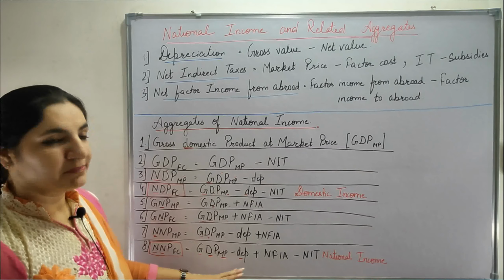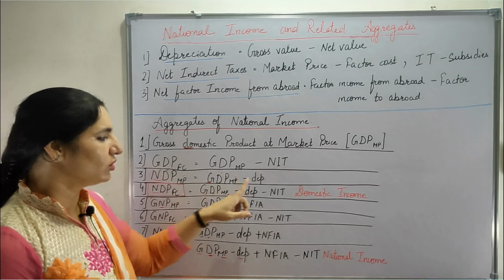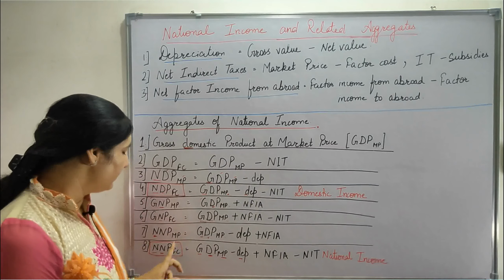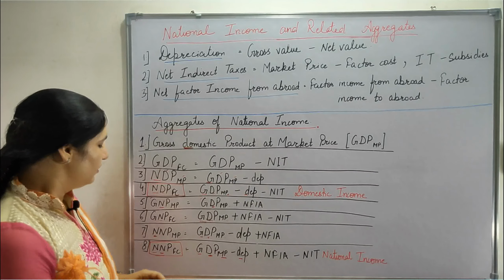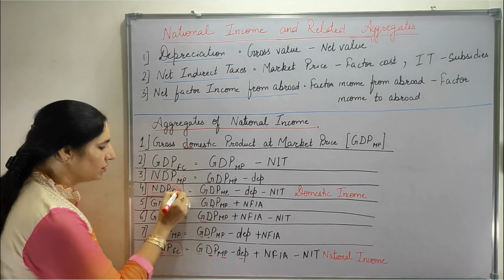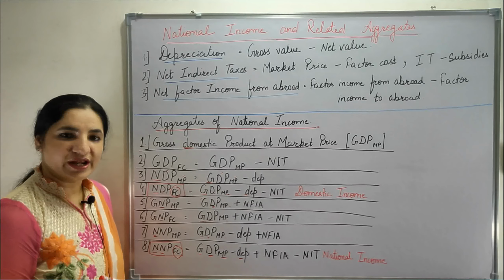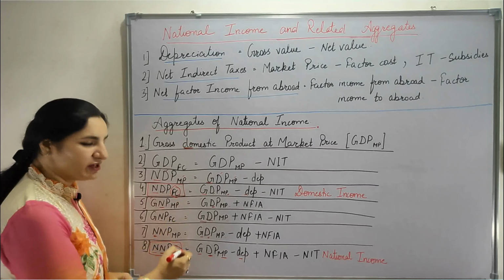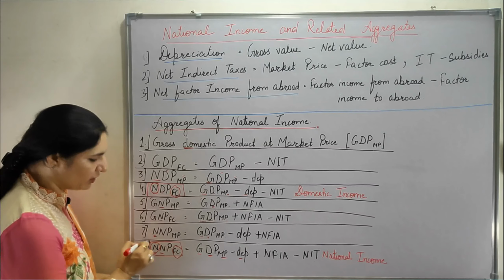Now it is to be kept in mind that NDP at FC is called domestic income and NNP at FC is called national income. Here we should note that both the incomes, national and domestic, are at factor cost and both are at net values.